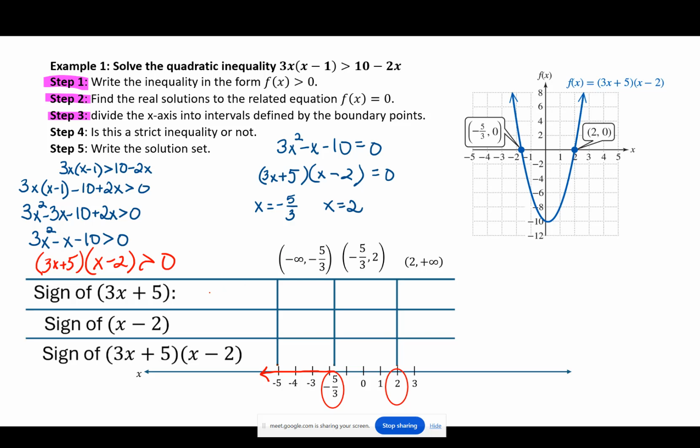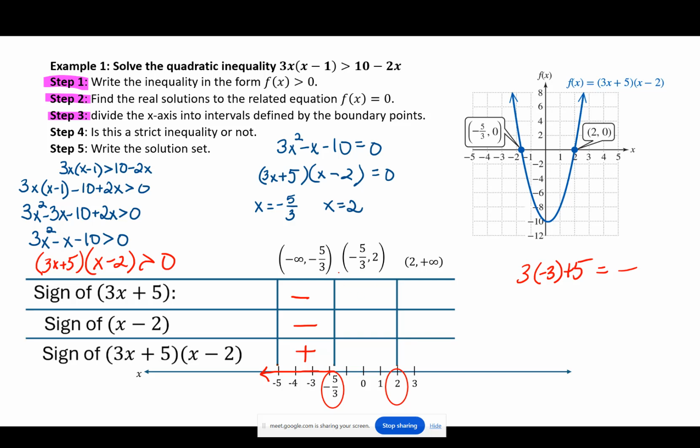If I put -3 into 3x plus 5, so 3 times -3 plus 5, that's going to give me a negative number. -9 plus 5 is negative. If I put -3 into x minus 2, I'm going to get -3 minus 2, which is also negative. So if 3x plus 5 is negative and x minus 2 is negative, that means that 3x plus 5 times x minus 2 is actually positive, because negative times negative is positive.